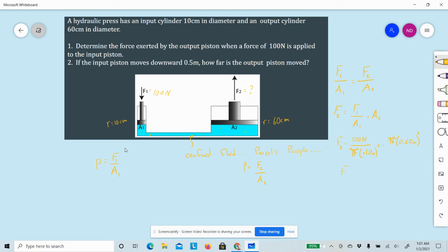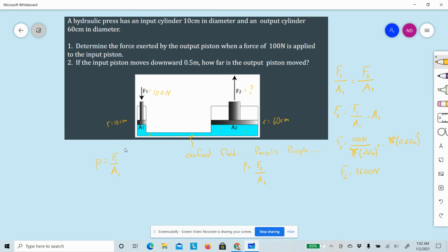So the force 2 equals 3,600 newtons. That is the output force, the force by the output piston. Now this force is going to be spread over a bigger area, but it's got a force of 3,600 newtons. You only started with 100. You multiplied your force by a lot.